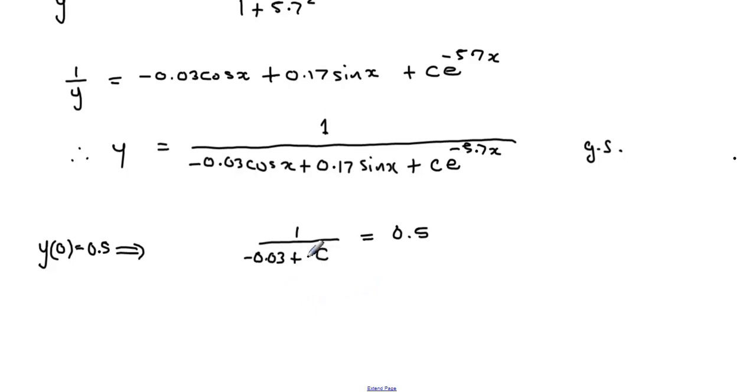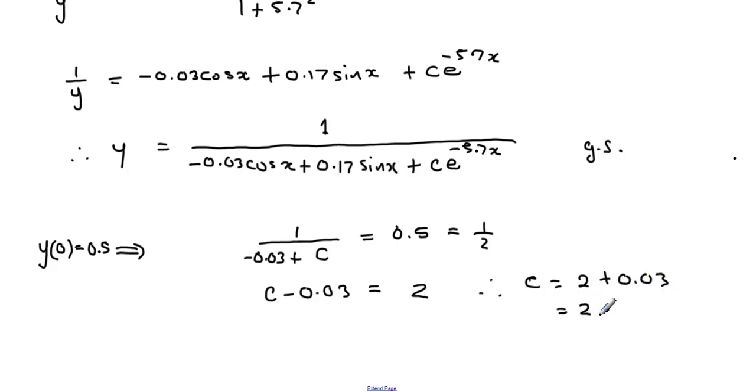Then if we invert both sides, and remember that 0.5 is half, we get that c minus 0.03 equals 2. Therefore our c is going to be 2 plus 0.03, which simplifies to 2.03. That will be our c there.